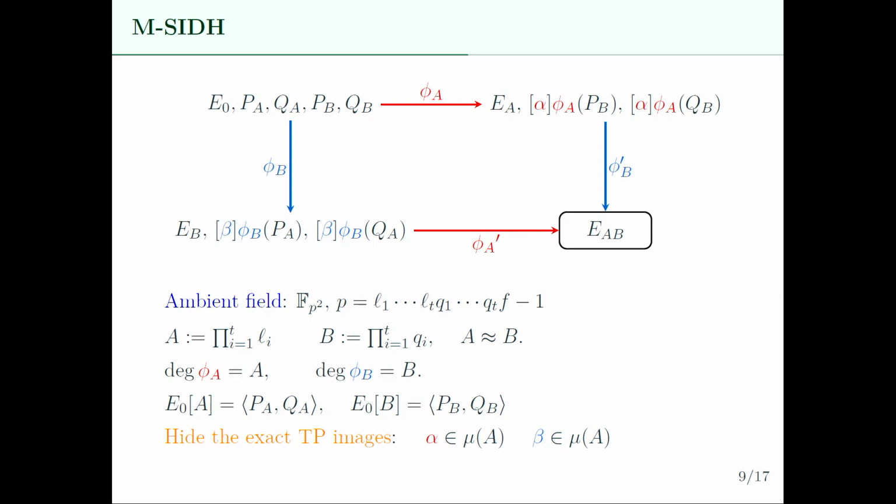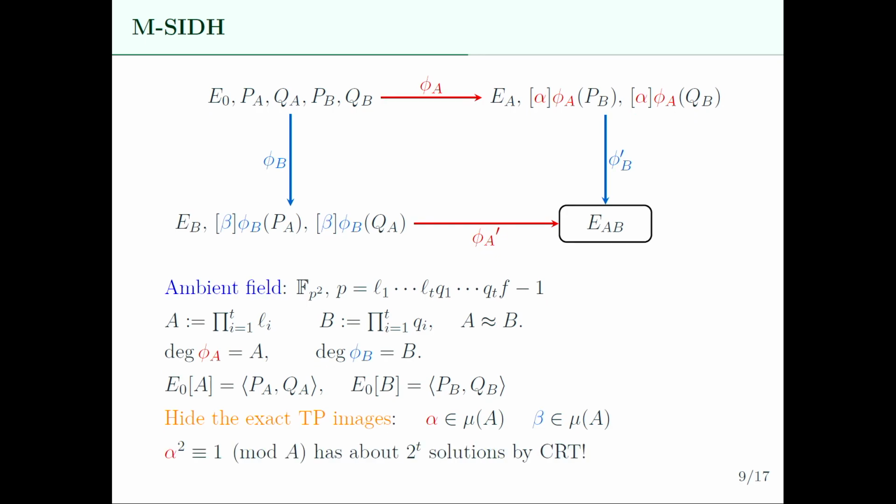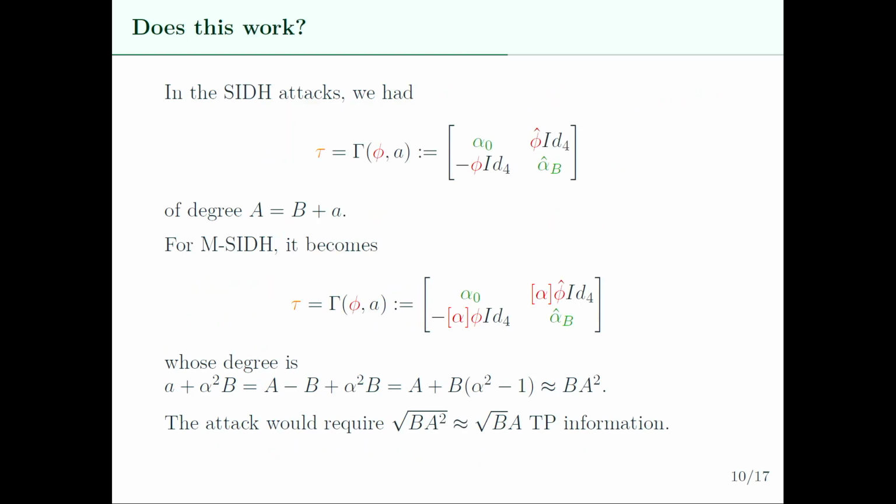So why don't you expect the general attack to work in this case? Oh, okay, this was just choosing the scalars to be a quadratic root of unity modulo the order of the torsion points. So why do you expect this to work, in fact? In the attack, what you were doing is transforming your secret isogeny into an isogeny tau for which you know the degree.